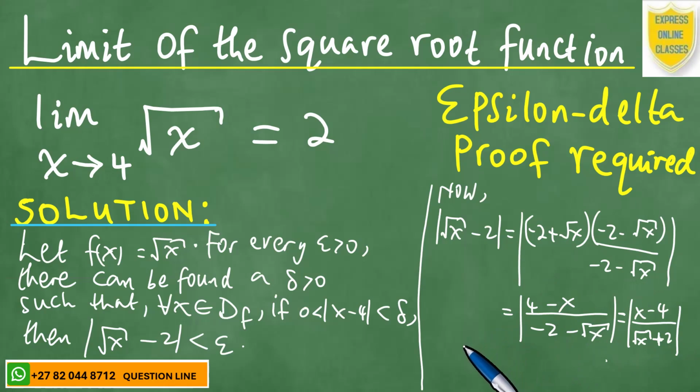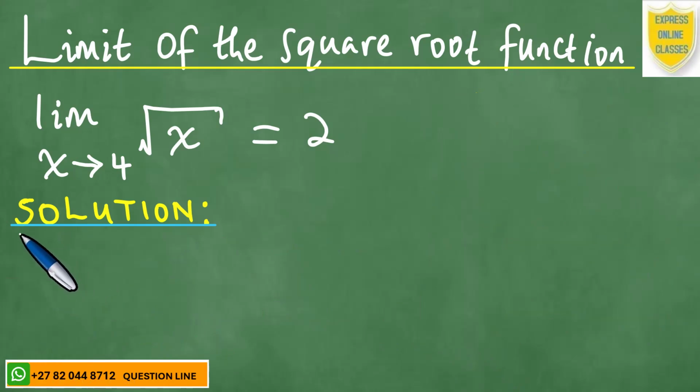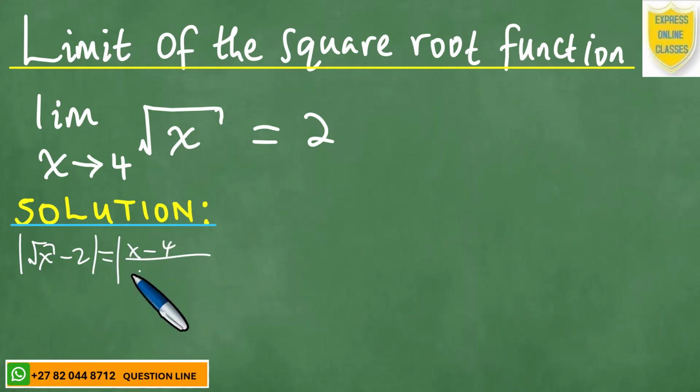So we have that the absolute value of the square root of x minus 2 is exactly the same as the absolute value of x minus 4, all divided by the square root of x plus 2. This can be broken down into two pieces.